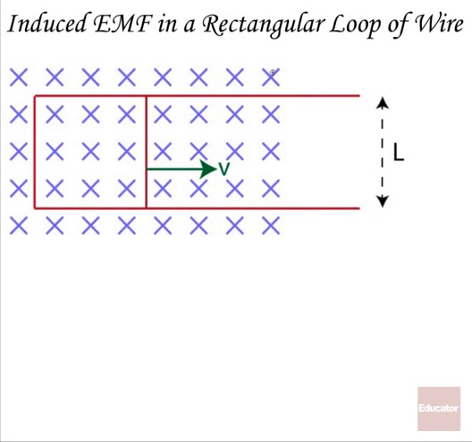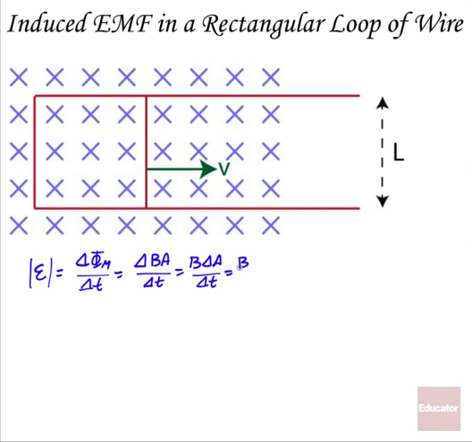So let's take a look at induced EMF in a rectangular loop of wire. The induced EMF, let's find its magnitude, is equal to the change in the magnetic flux divided by that time interval. Well, that magnetic flux is just going to be change in BA, the magnetic field strength times the area, divided by that time interval. But if this is a constant magnetic field strength, that's B delta A over delta t. But the area is going to be this length times that x dimension.